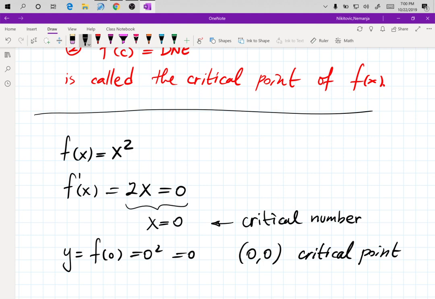See, point has two coordinates, x, y, or three coordinates, x, y, z for Calc 3. If you just get x equals 0, that's a number on the x-axis, so we call it critical number. You are not going to be marked off if you call it critical point, because it is a one-dimensional point, but critical number for a single coordinate, and then critical point when you have the full 2D or a 3D, which would make sense.